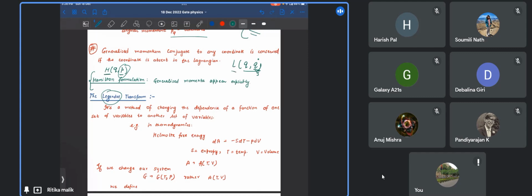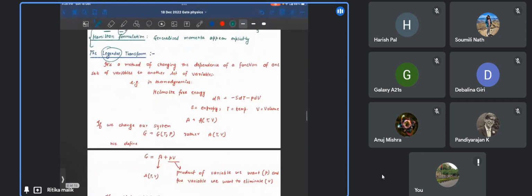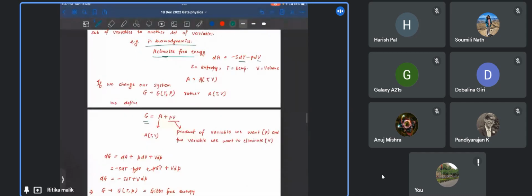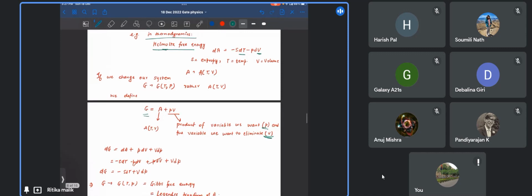For example, in thermodynamics, this Legendre transform is used to change Helmholtz free energy to Gibbs free energy. Helmholtz free energy is a function of temperature and volume. But if you want Gibbs free energy, you want a function of pressure and temperature. So what it does is it just adds one more term, PV.